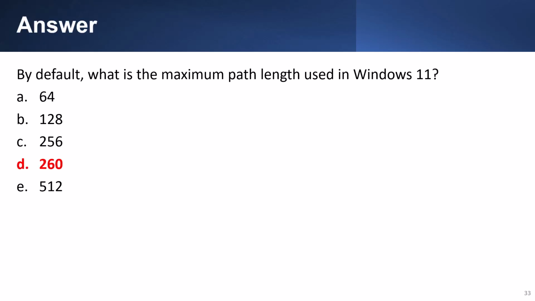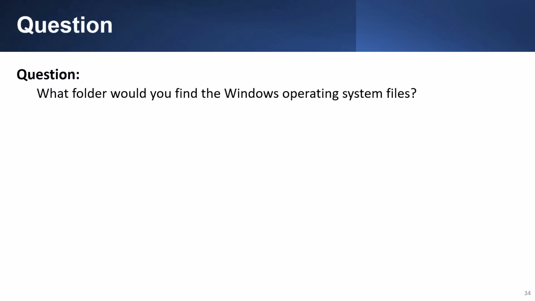Answer: 260. Question: In what folder would you find the Windows operating system files? Answer: C:\Windows.